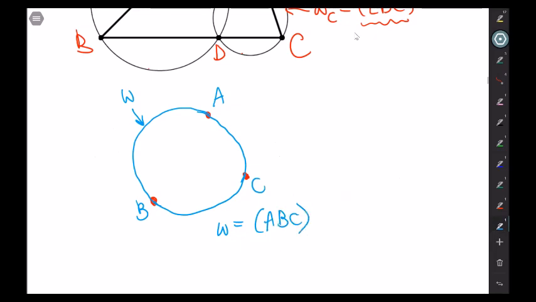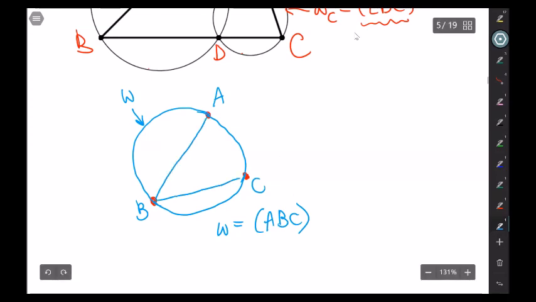That also explains why we can talk about the circumcircle of a given triangle ABC: we are drawing a circle which goes through the three vertices of a triangle, so it is unique. So that's pretty good.